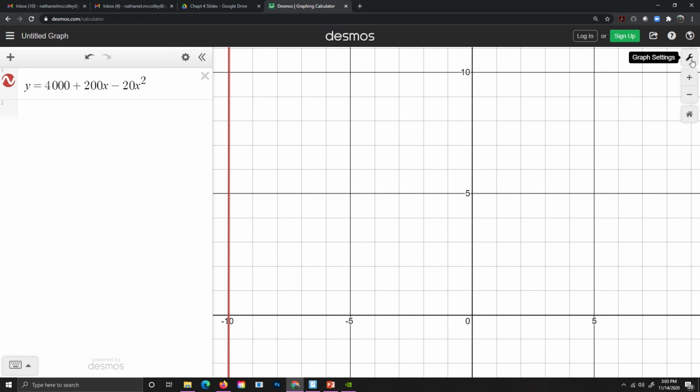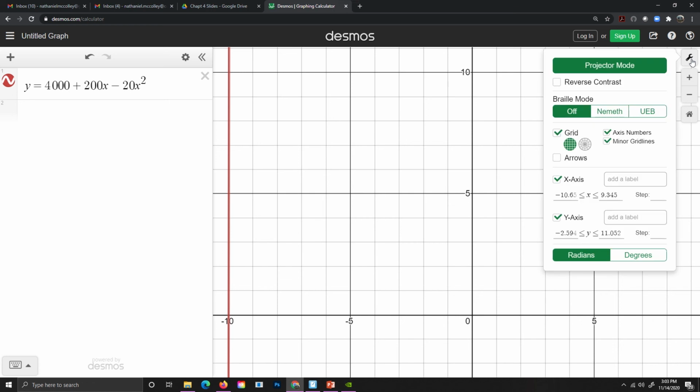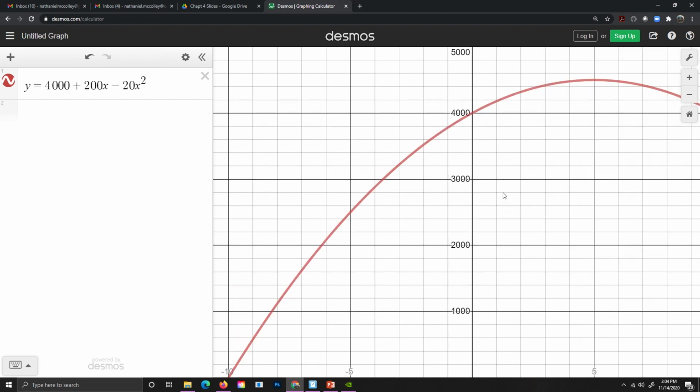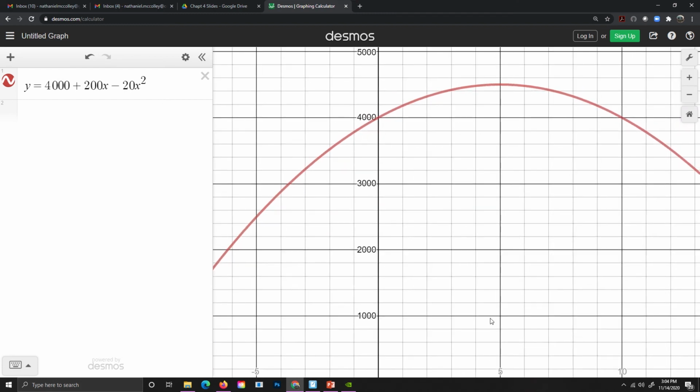So I'm going to click on this little graph settings ratchet here, and I'm going to change this to say 5,000. And now we're starting to see some things. Here we see it, and I can find that vertex just by clicking on that top value, and we see that when I raise the price by $5, my new profit will be 4,500.